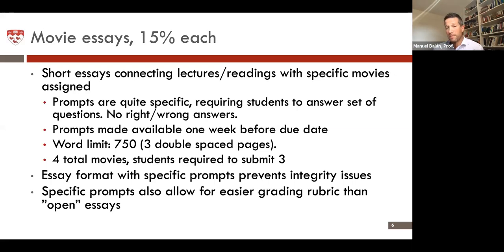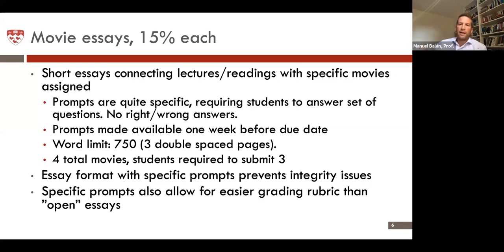Also, in terms of time management, the specific prompts allow for an easier grading rubric than open essays. Basically, I provide the TAs with a grading rubric that is quite specific in terms of answering the questions and on what concepts I'm looking for students to engage with, specific parts of the movie that they can mention, different things, storylines, et cetera, that speak to specific points in those questions.